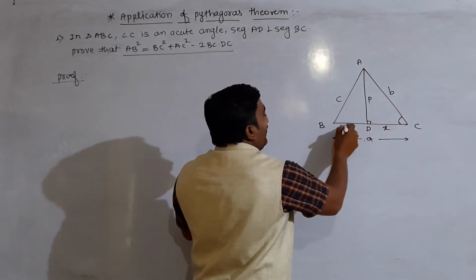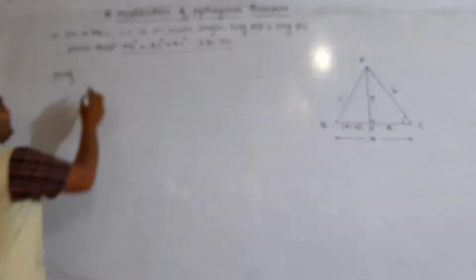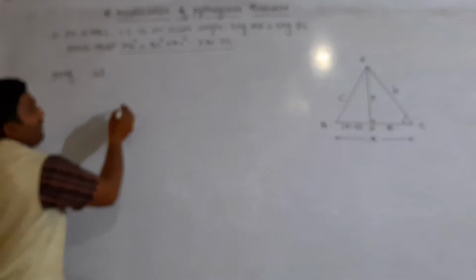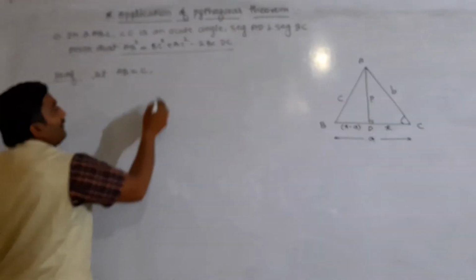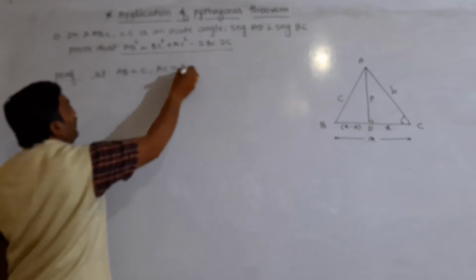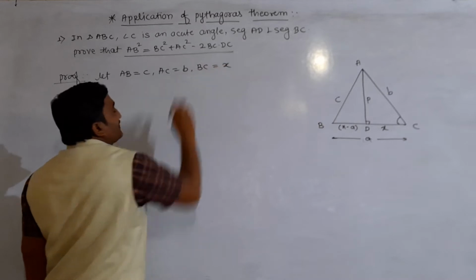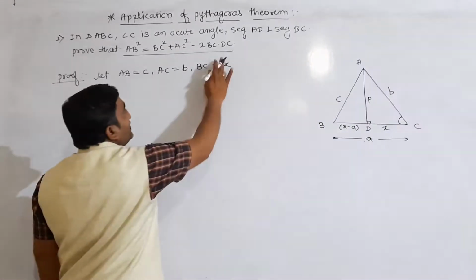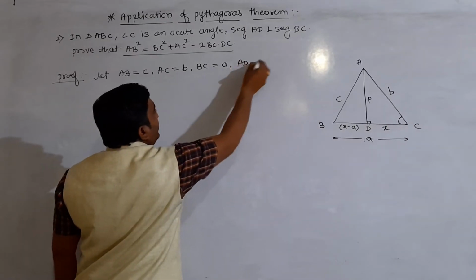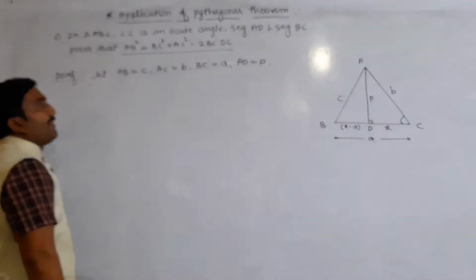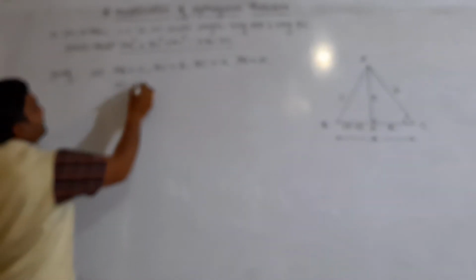So let AB is equal to c, then AC is equal to b, BC is equal to a, then AD is equal to p, DC is equal to x.